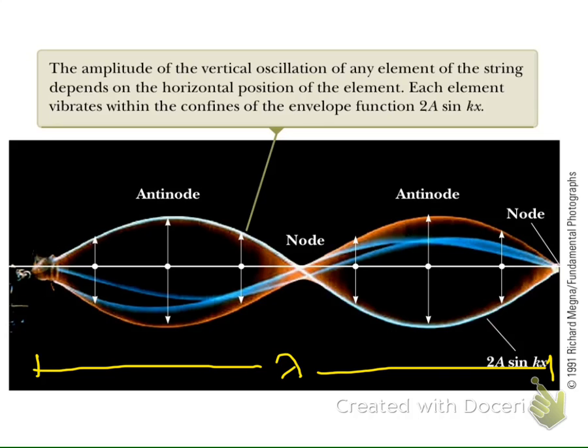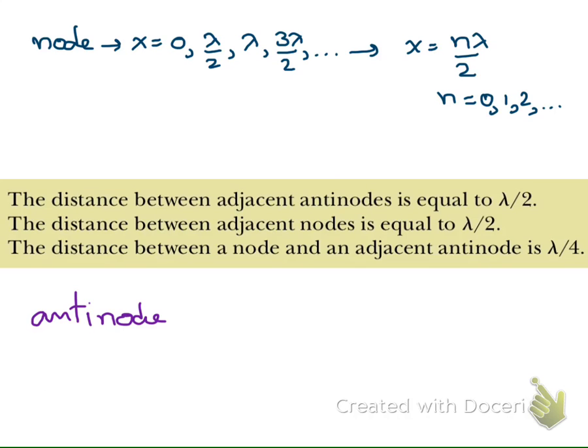So we have that at the position of x equal to lambda over 4, 3 lambda over 4, 5 lambda over 4, and so on.